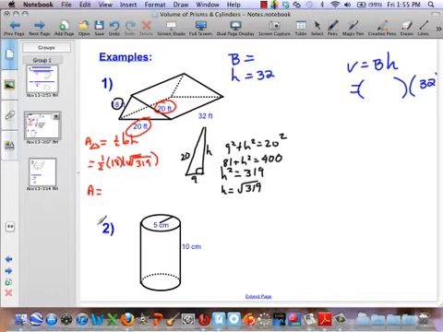Square root of 319 times 9. If you're using the Inspire, I would definitely store this as the letter B. Why would I do that? Because what does this actually represent? The area of the base. I would store that as B. So we get roughly 160.75.